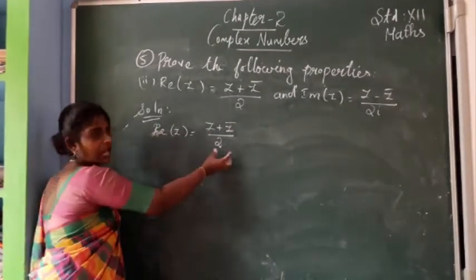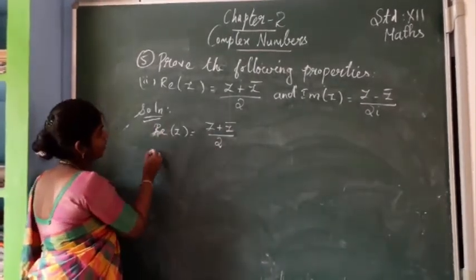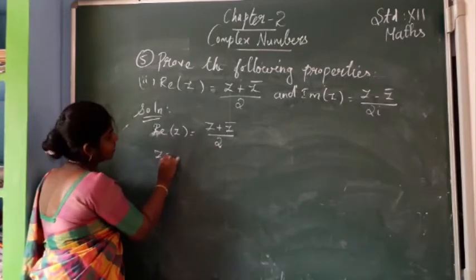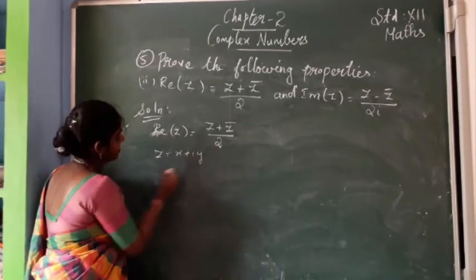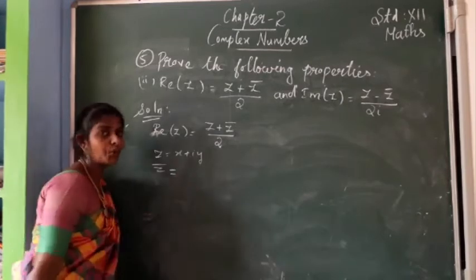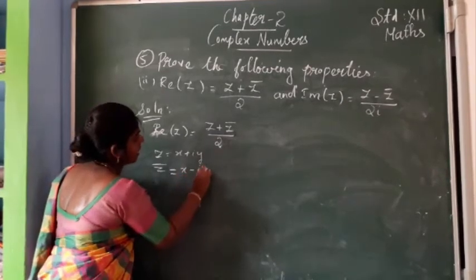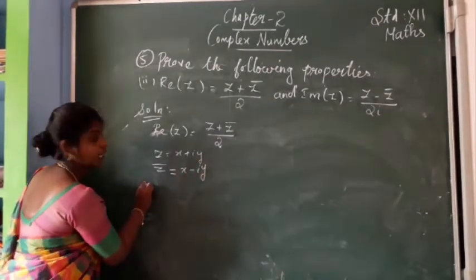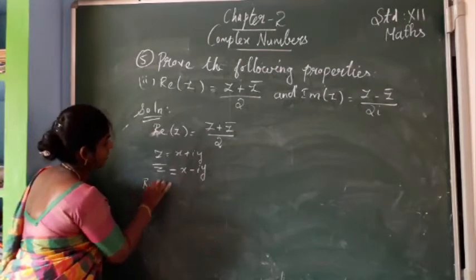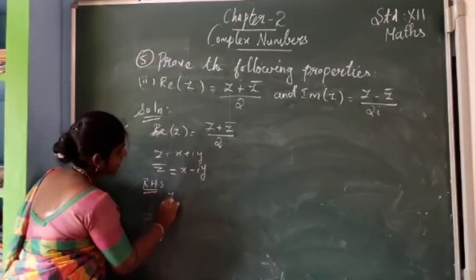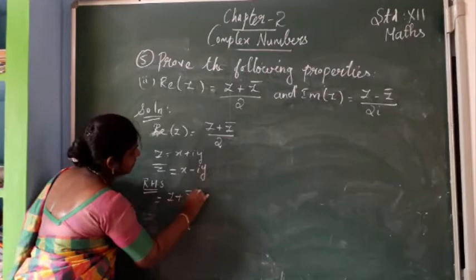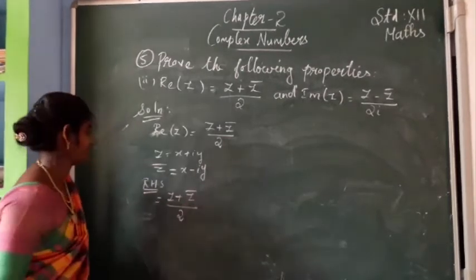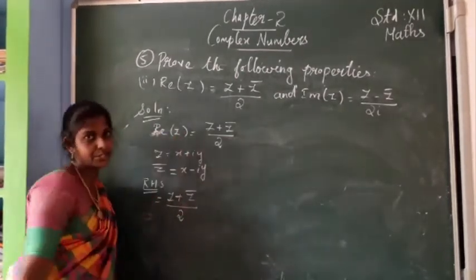First I am taking the RHS value. You already know z is equal to x plus iy and z bar is equal to x minus iy. So z plus z bar divided by 2, and we have to prove the LHS value.